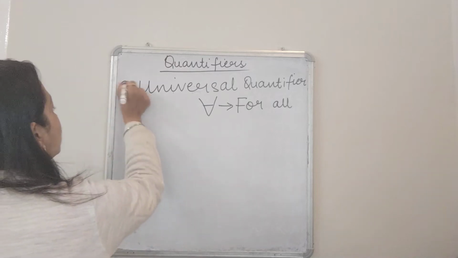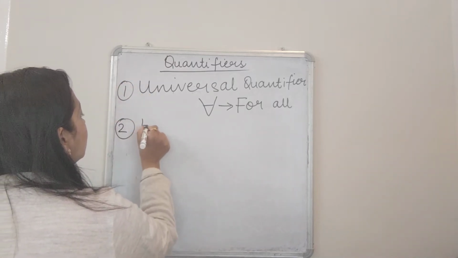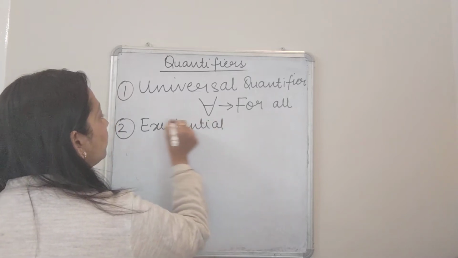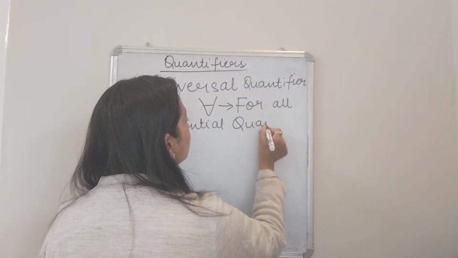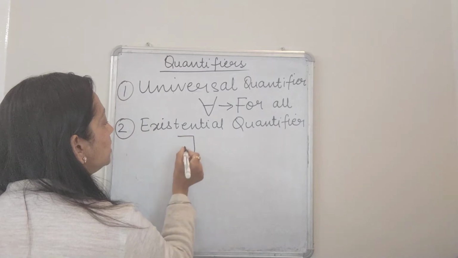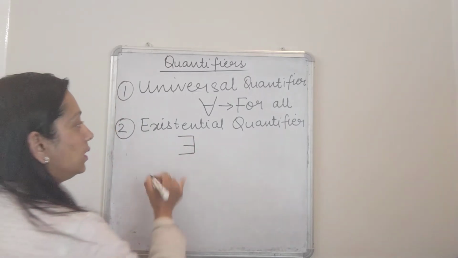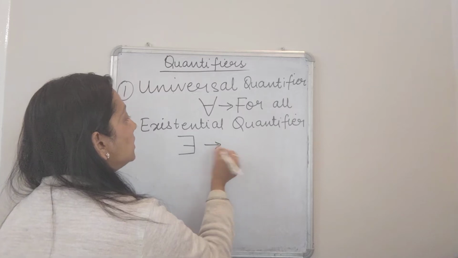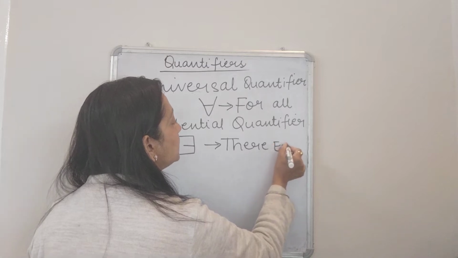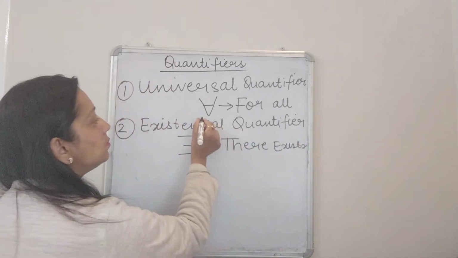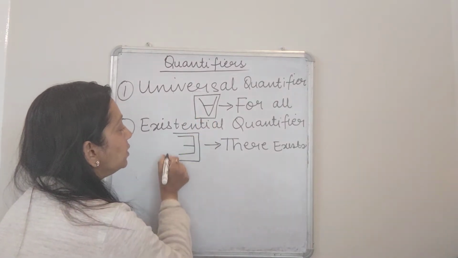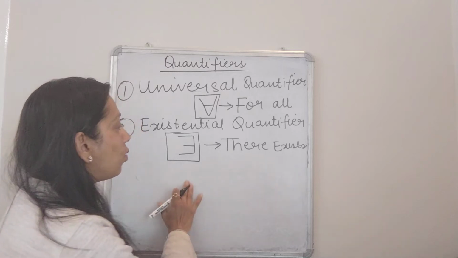The other quantifier is the existential quantifier. The symbol for the existential quantifier is this, and it is read as there exists. So this is the symbol for the universal quantifier, and this is the symbol for the existential quantifier.